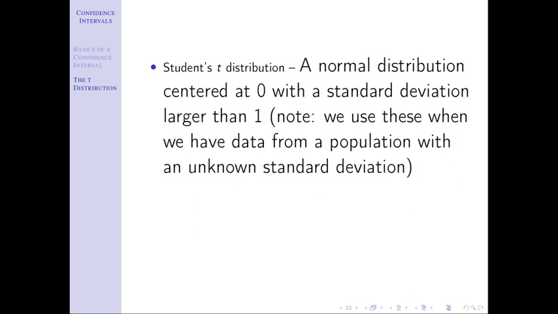If we know the population standard deviation, we use a z. If we don't know the population standard deviation, we're going to use a t. And your first question is almost assuredly, how do I know if I know that or not?